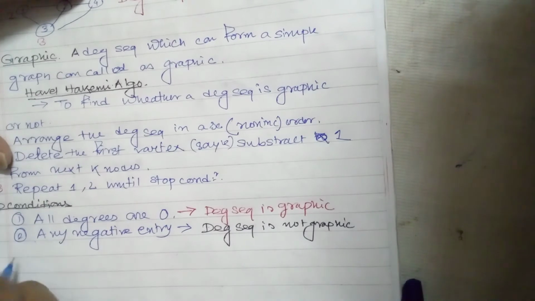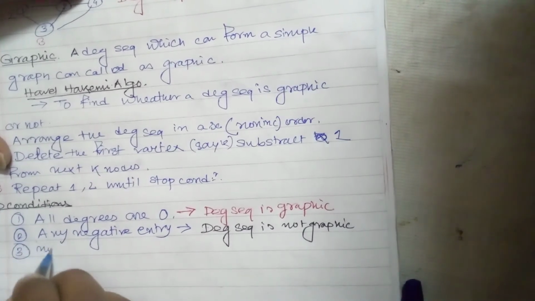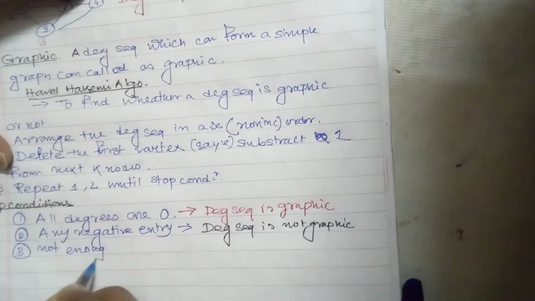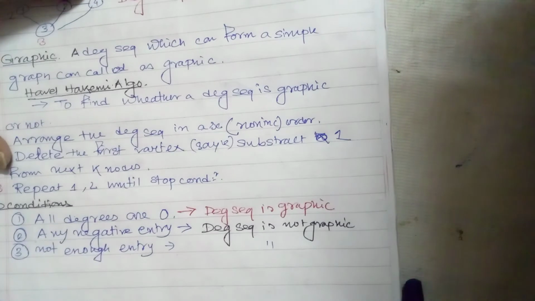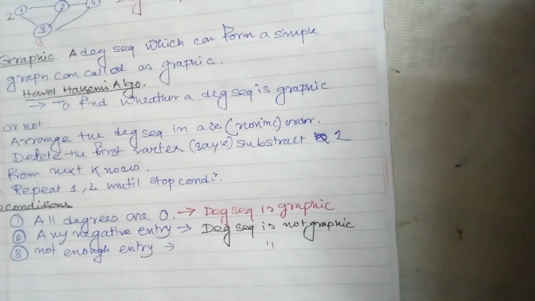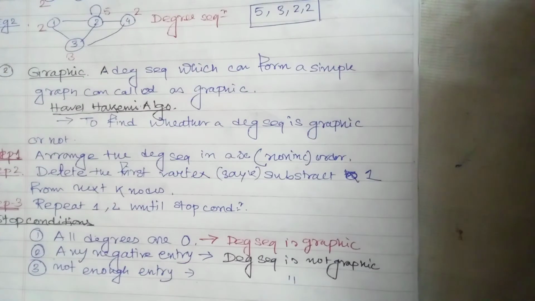Now the third condition is not enough entries. Then also we can predict that the degree sequence is not graphic. Okay, so there are mainly three steps and 3 stop conditions.